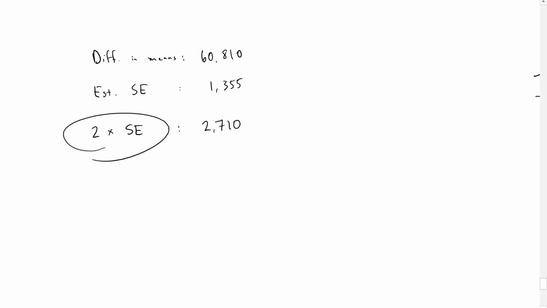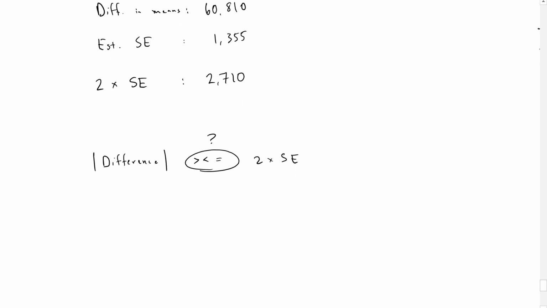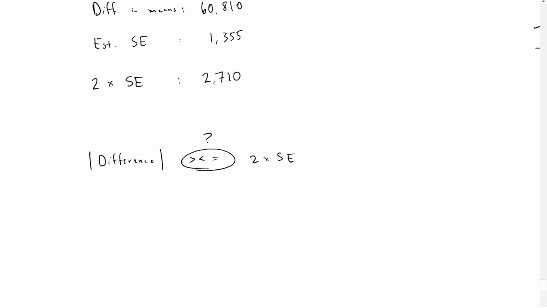And now, again, we use this as our rule of thumb to see if 2 times the standard error is larger or smaller than the absolute value of the difference. So the difference, we want to check if it's greater than, less than, or equal to 2 times the standard error. And in this case, the difference is a positive number. The reason we use absolute value is because standard errors are always positive.